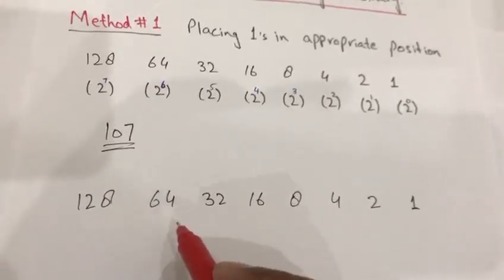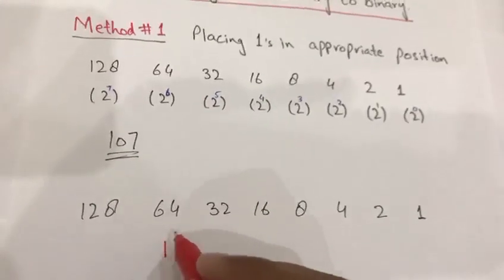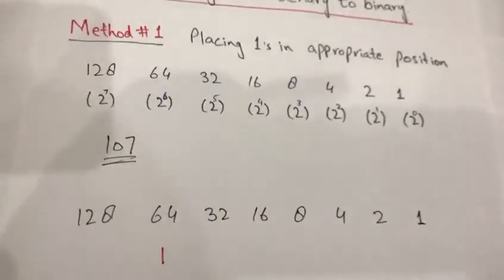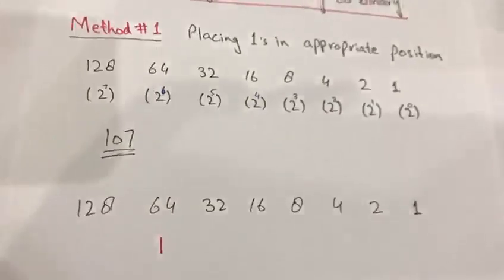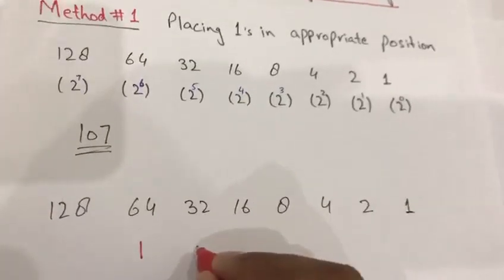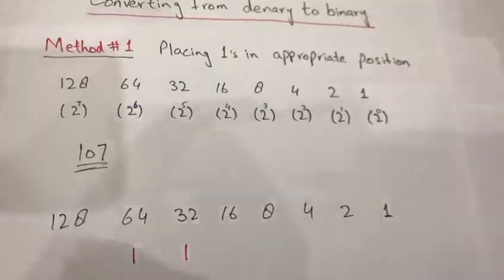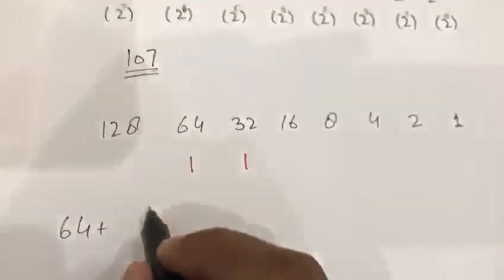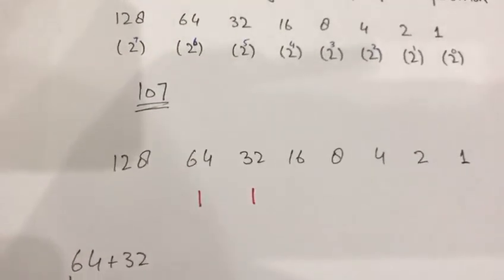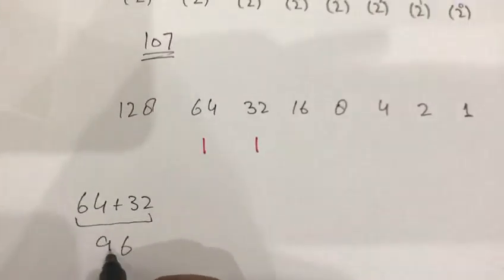So we are going to take 64, this will be 1. Second one would be 32. 64 plus 32 would be 96.